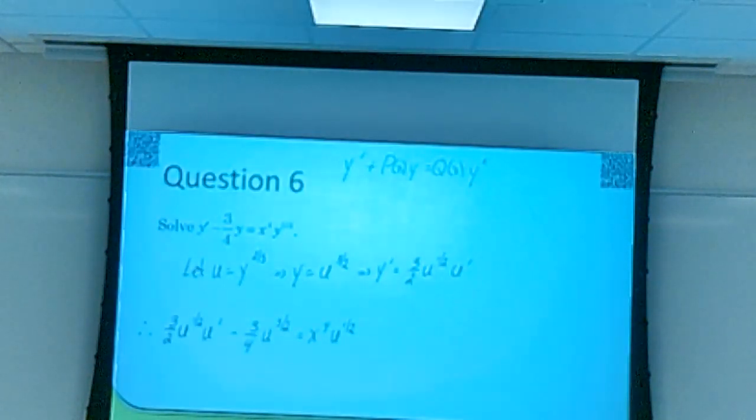U to the 3/2 to the 1/3 power. Multiply through by 2/3 u to the minus 1/2. Three-fourths times 2/3. Half. You should just be left with a u, right? U to the 3/2 times u to the minus half.